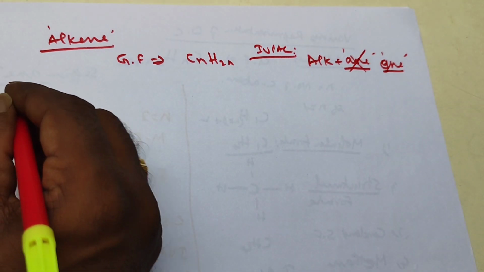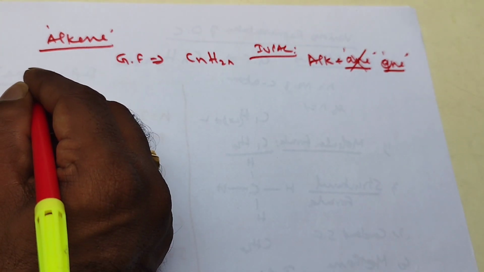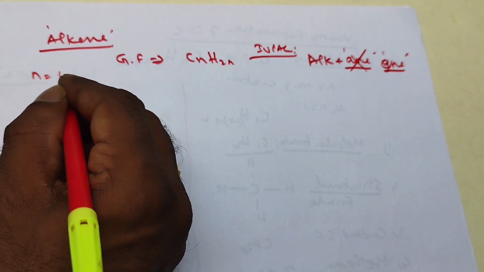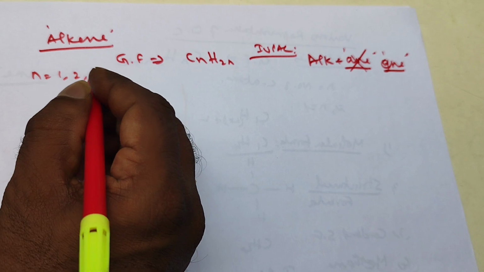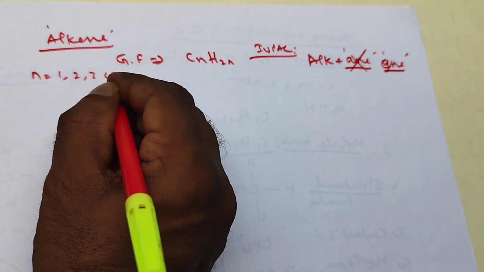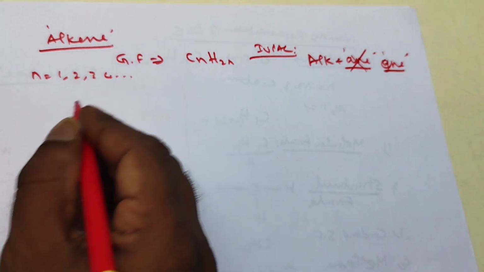Say for example, we will take n equal to 1, 2, 3, 4, etc. and substitute in this formula.